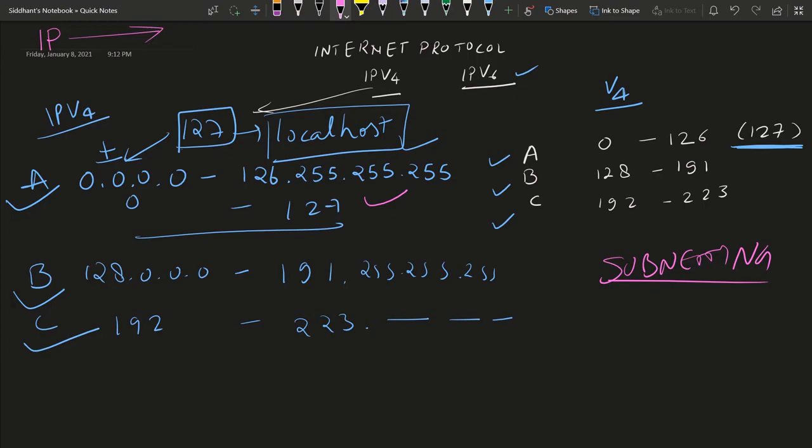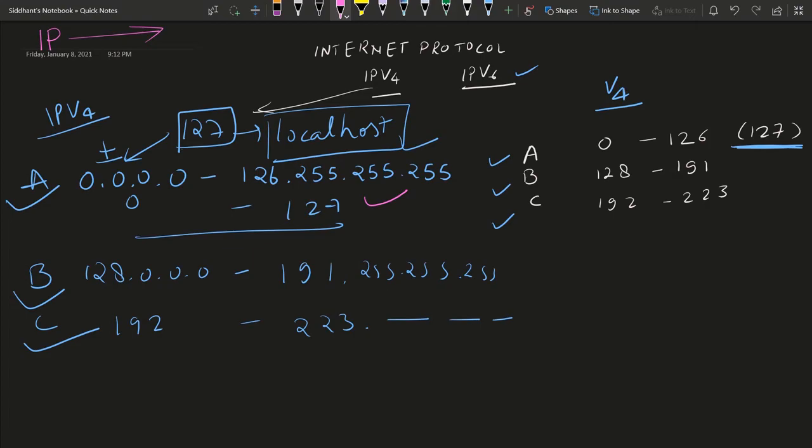Each and every PC or each and every device which is on the internet or which is on any network needs to have an IP address. So in the upcoming videos, we will see how these IP addresses make sense, and how we do subnetting to divide these address spaces. This subnetting is really important for your exam, and the ranges of IP addresses are also very important for the exam.